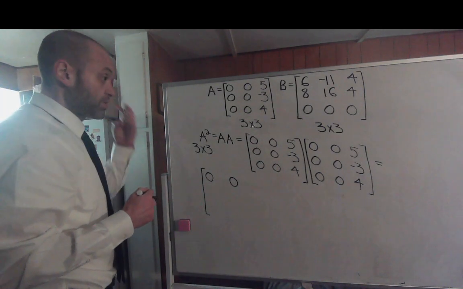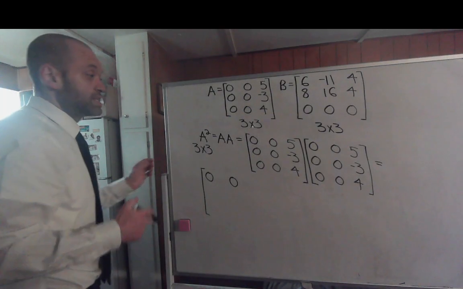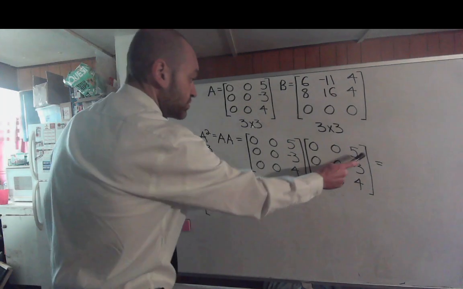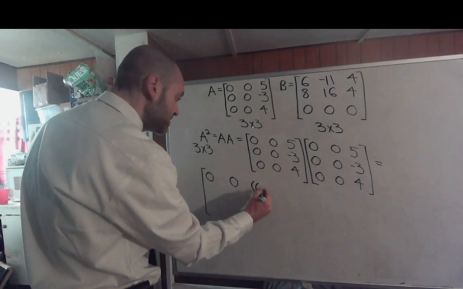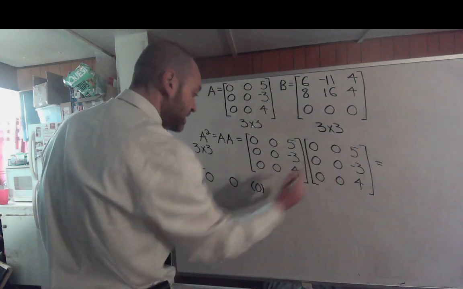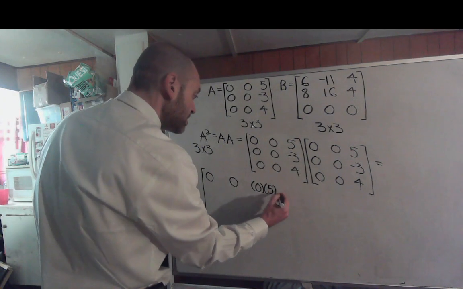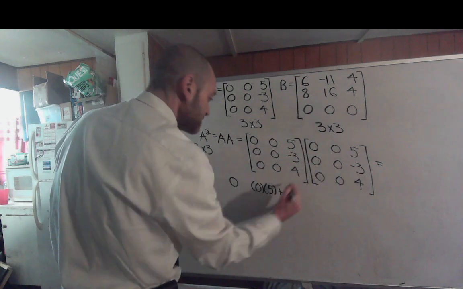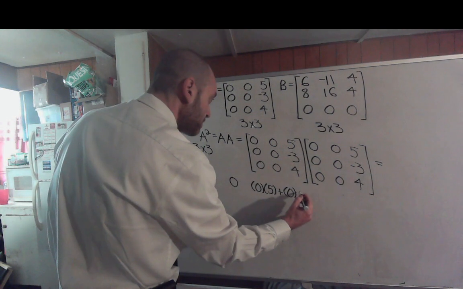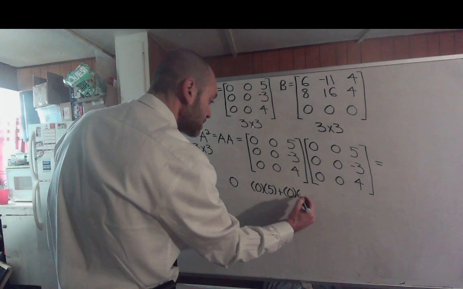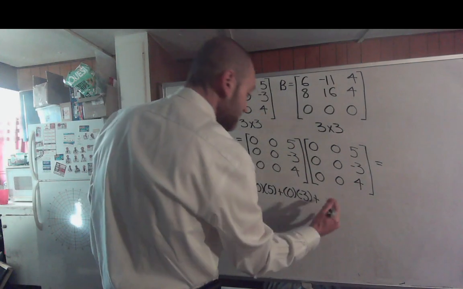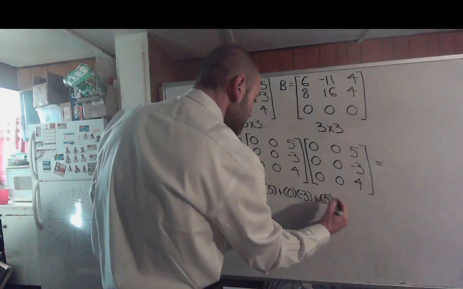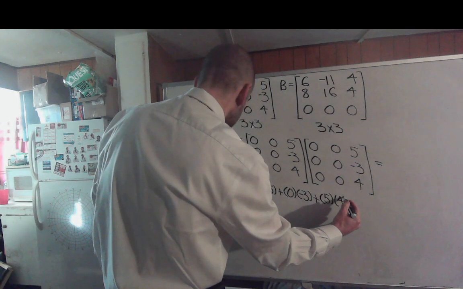Now to get your third number, you're going to take your entire first row times your third column. Well, that's not all zeros. Granted, you'll have a 0 times a 5, plus a 0 times a negative 3, plus you'll have that 5 times that 4. So that just changed things.